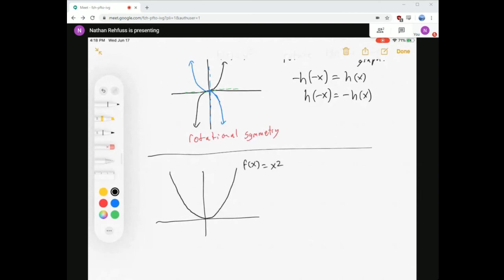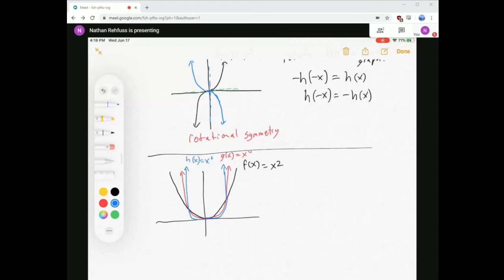And let's say I also do x to the fourth. That looks a bit like this. Or let's say I do x to the sixth, and that's even steeper. Flatter on the bottom, steeper everywhere else. So this is h of x equals x to the sixth.